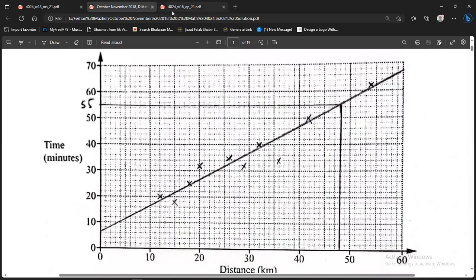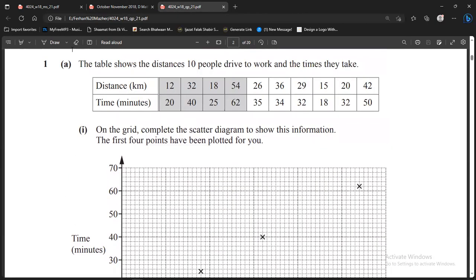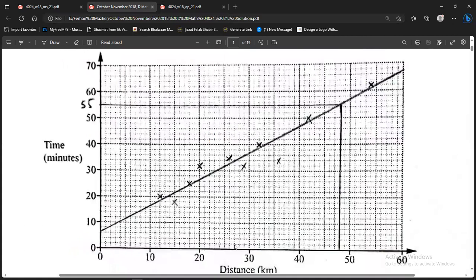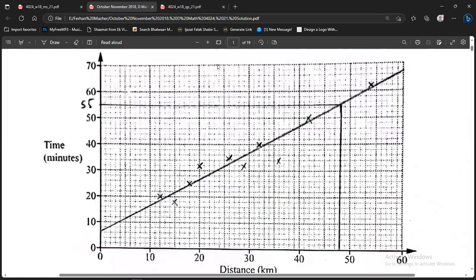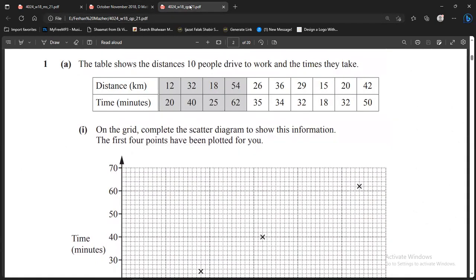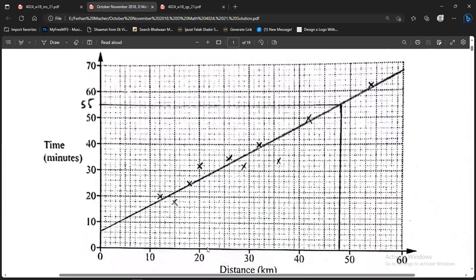Okay. So the first point is 26, 35. So 26, 35 will be this point. Okay. Then we have 36, 34. 34 will be this point. And then we have 29, 32, this point. Okay.